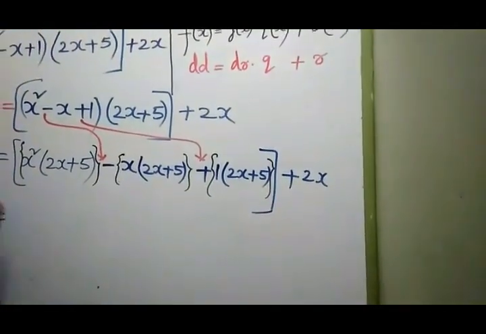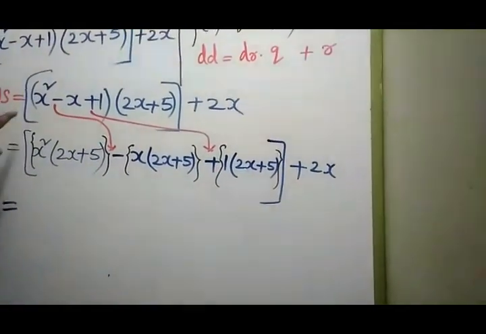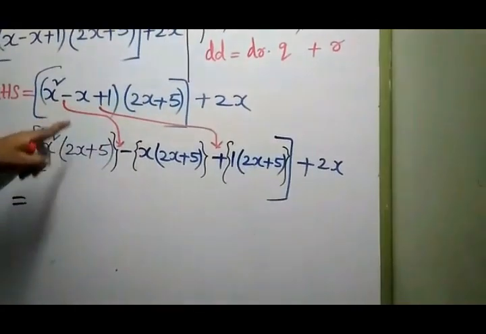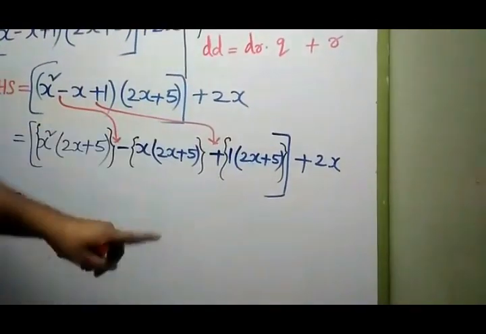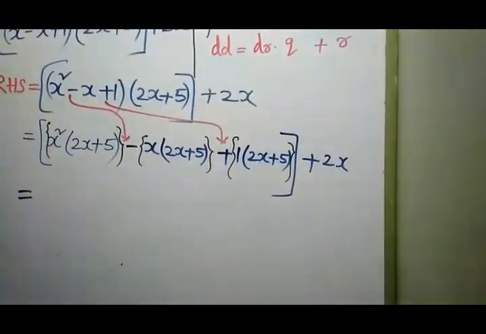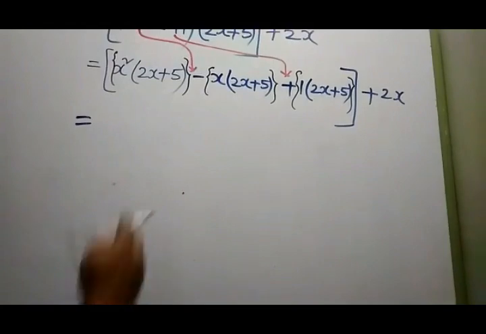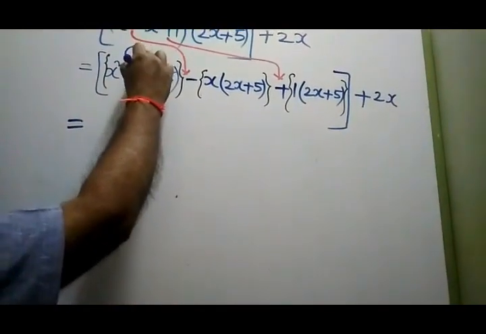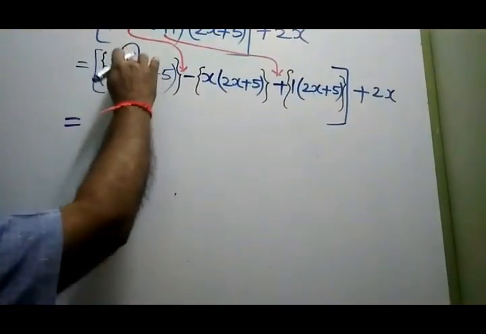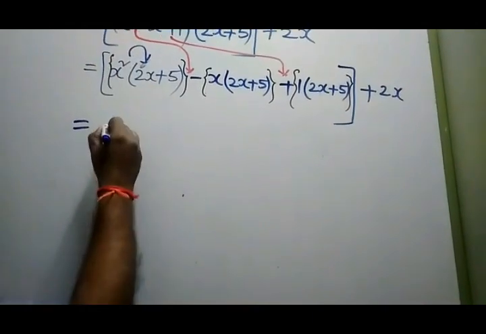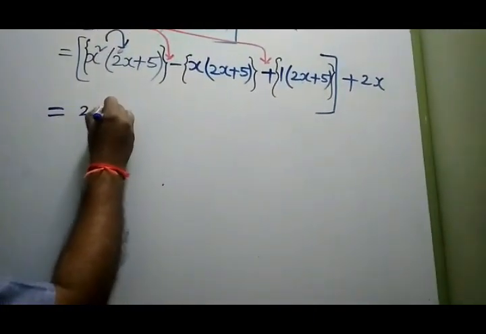Now multiplication, carefully listen: x square of 2x plus 5 minus x of 2x plus 5 plus 1 of 2x plus 5. Now x square into 2x is nothing but 2x cube.